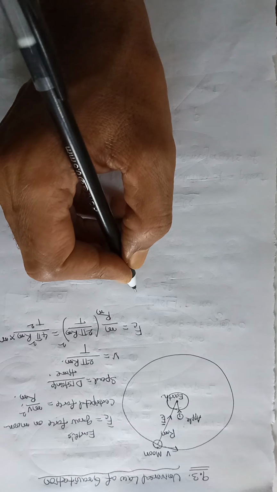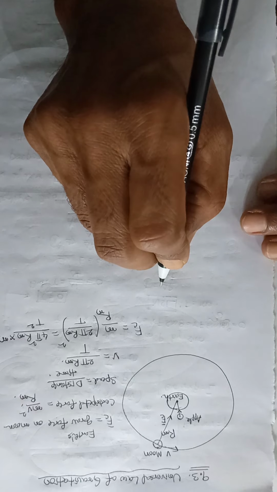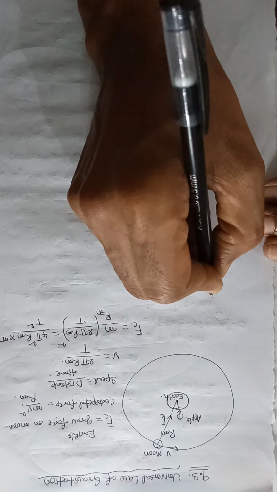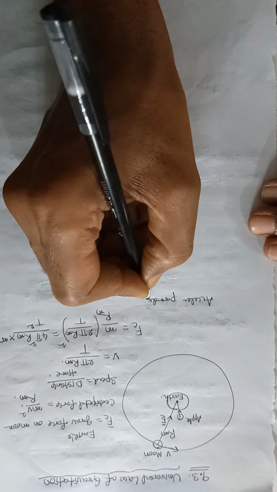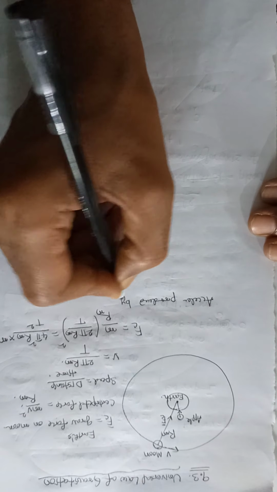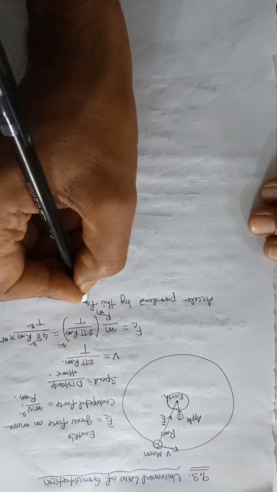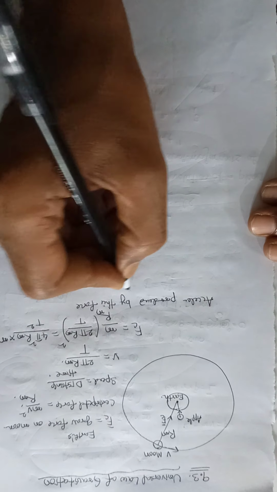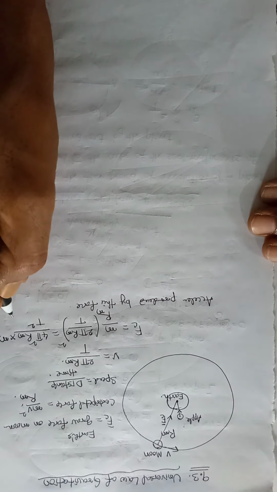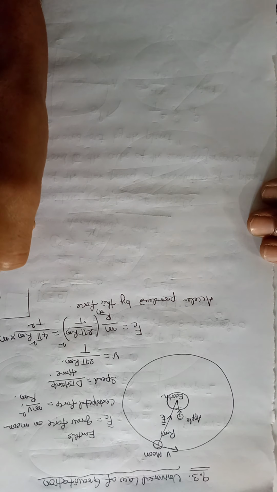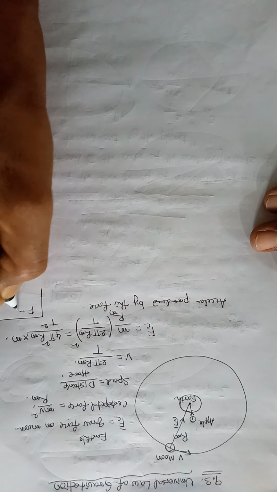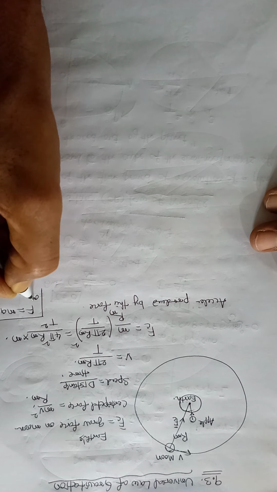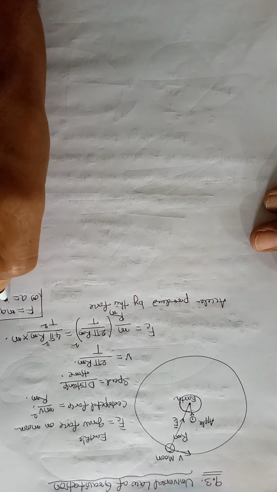Now force produces acceleration. Acceleration produced by this force, say, according to Newton's second law, F is equal to ma, or a is equal to F by m.